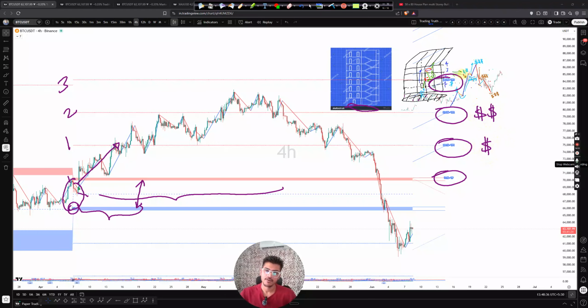Okay, let me draw it here. All right. So TP1, market rotated there, right? You see that, came back and then went to TP2, right?